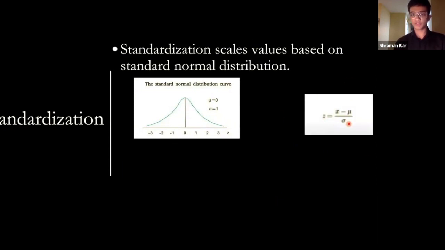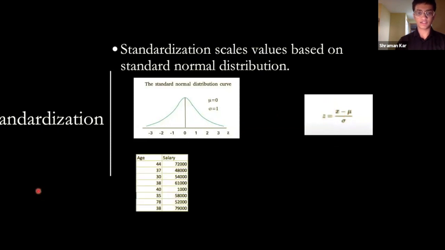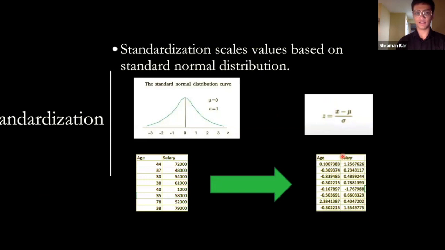What this formula is stating is that the standardized x value is going to be equal to the actual x value minus the mean, divided by the standard deviation. So let's again take this data set as an example, and when we standardize it, we get these values.